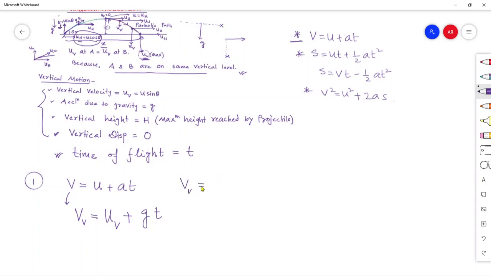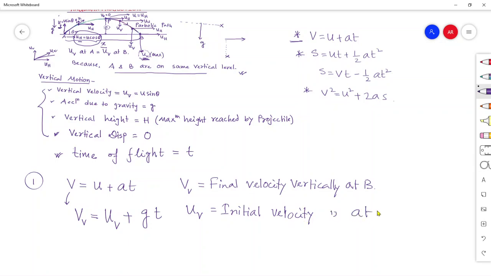Vv to be the final velocity vertically at B, uv the initial velocity vertically at A. And you see, as long as A and B are on the same vertical level, uv and vv are going to have the same magnitude but opposite direction.